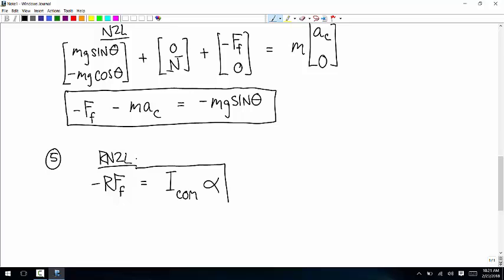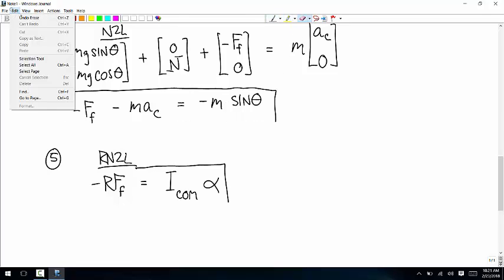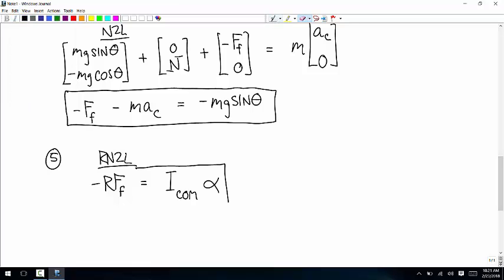Okay, so let me rewrite that. So, negative RFF minus I for the center of mass times alpha is equal to 0. That's our second equation.